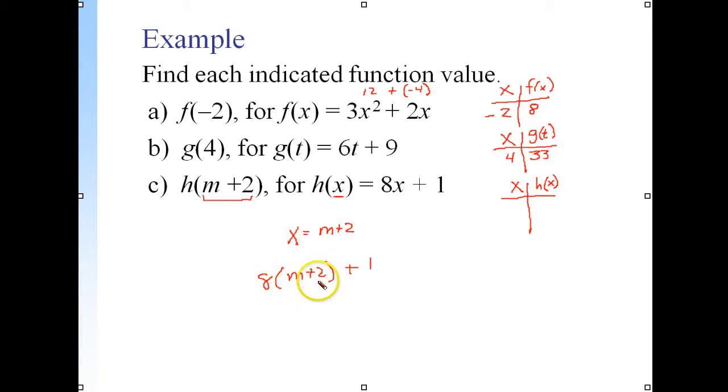So we put it like so. Now we have to distribute, and we get 8m plus 16 plus 1. So our answer, when x is m plus 2, is going to be 8m plus 17.